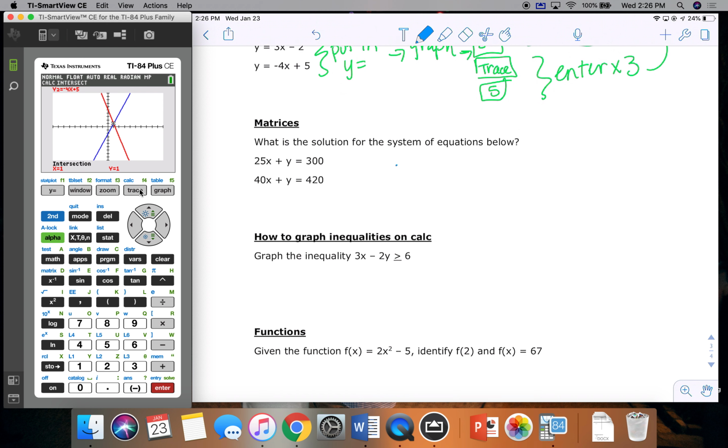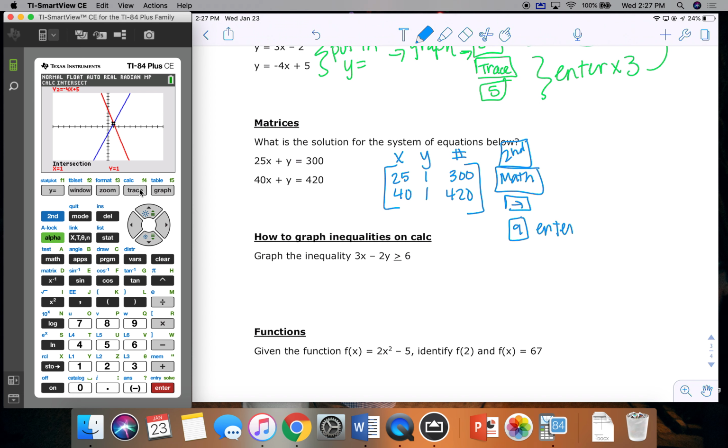So matrices, when we plug in a matrix, we have x, y, and answer. So I'm going to write these out. 25, 1, 300, 40, 1, 420. So our steps are to click second, math, scroll to the right, option 9, and enter.